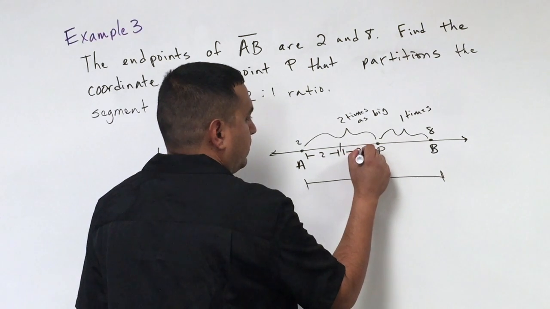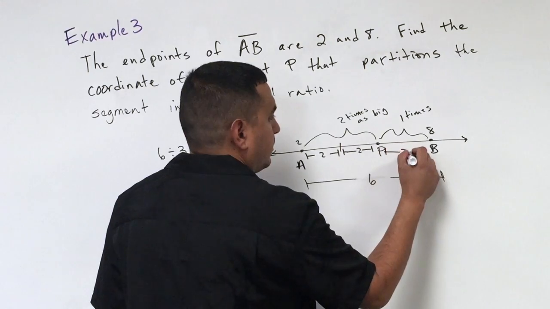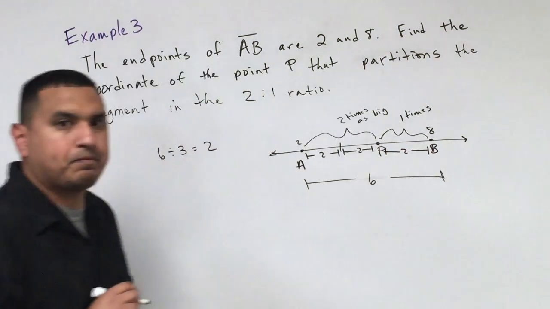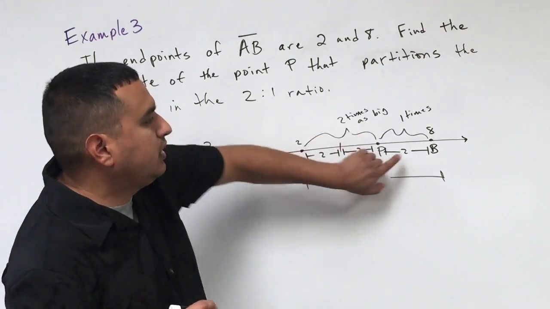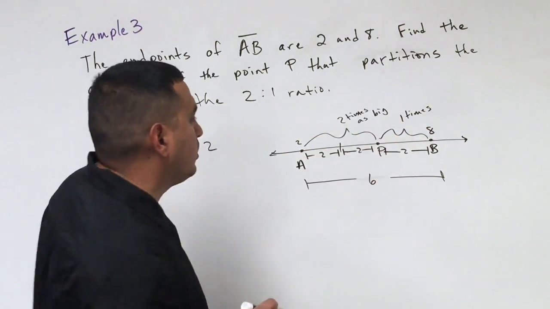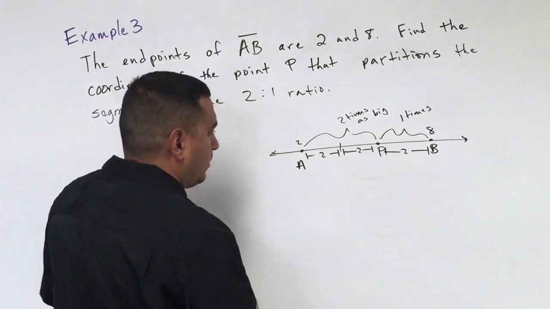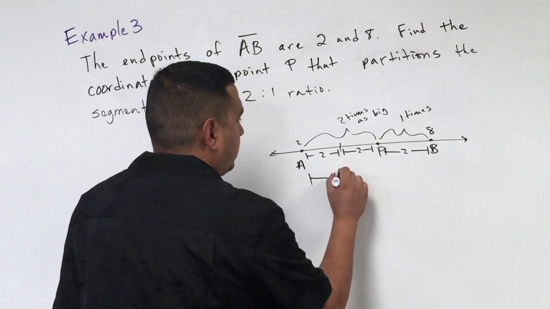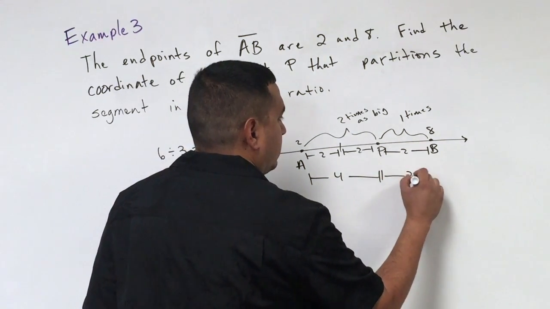That tells me that this right here is a length of 2. This is a length of 2. And this is a length of 2 units. Okay, so this part right here would be twice as long as this piece over here. So that tells me that here, this has a length of 4 units, or this would have a length of 2 units.